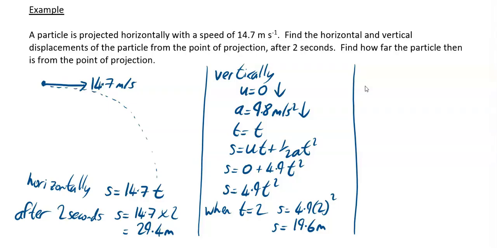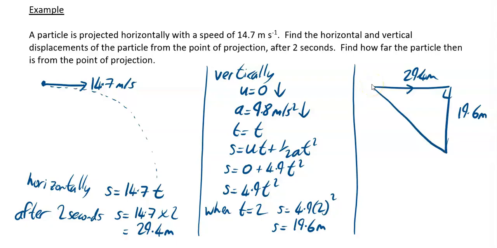So we've now got that this thing is 29.4 meters horizontally, and then downwards it is 19.6 meters. What we want to find is the overall distance, so we'll call that d. We're going to use Pythagoras' theorem.